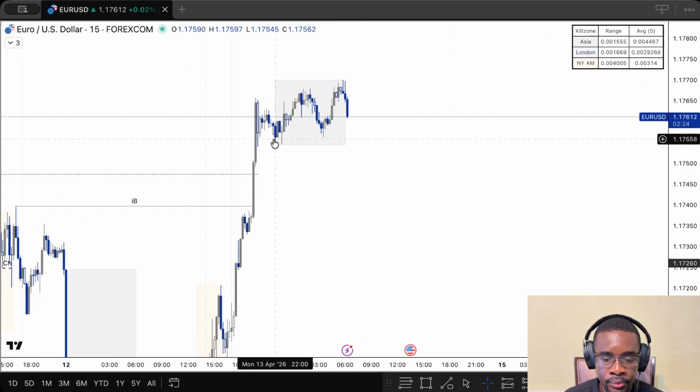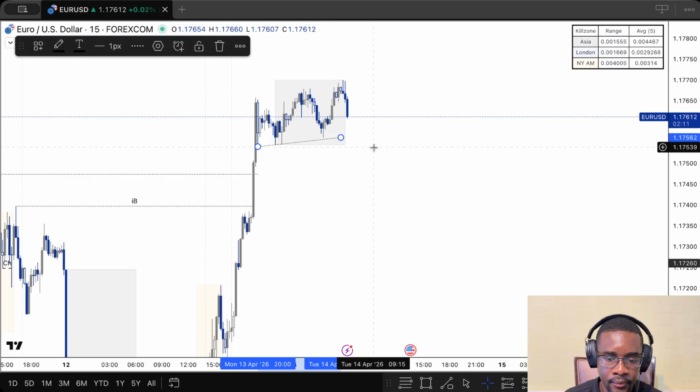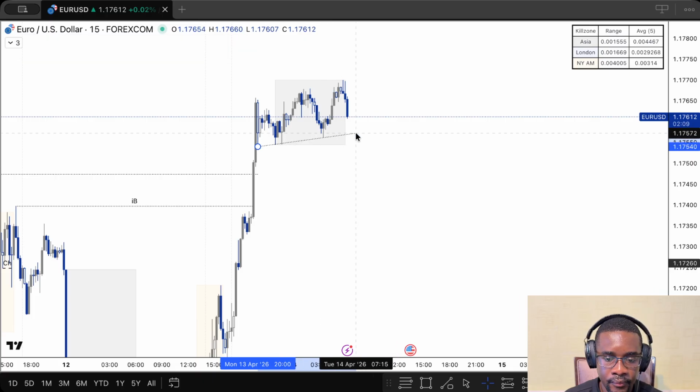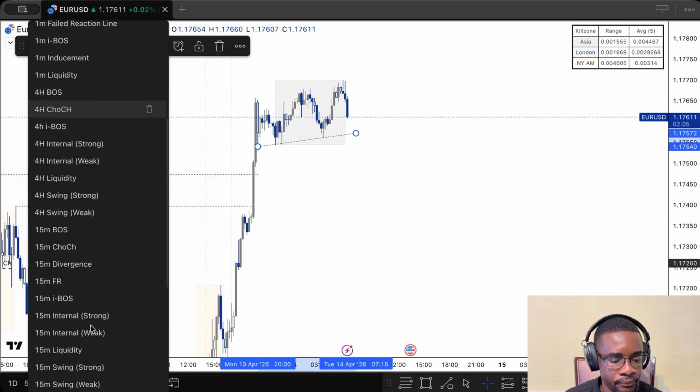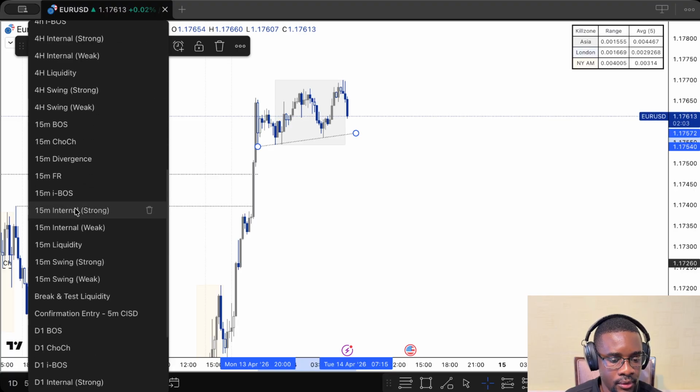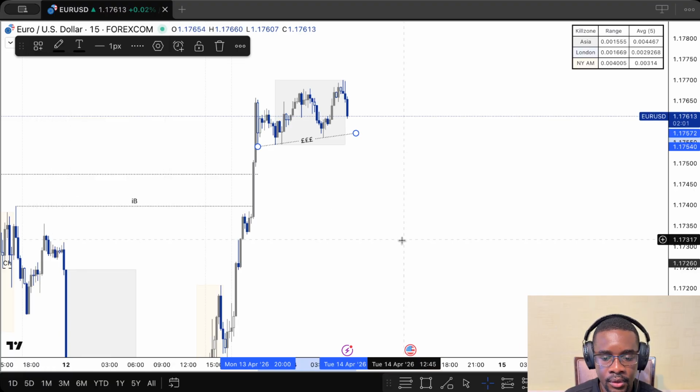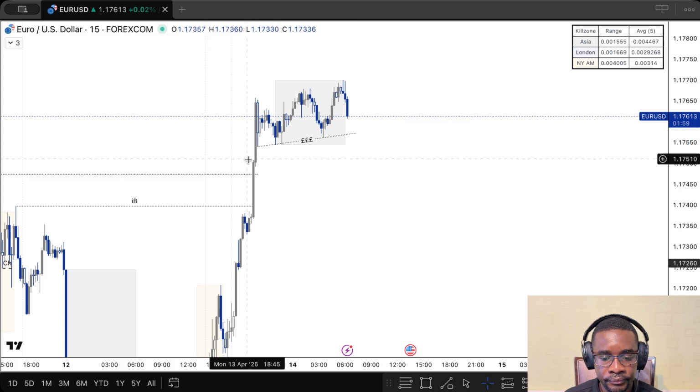Otherwise, we could be looking at price possibly coming down, taking out these areas.